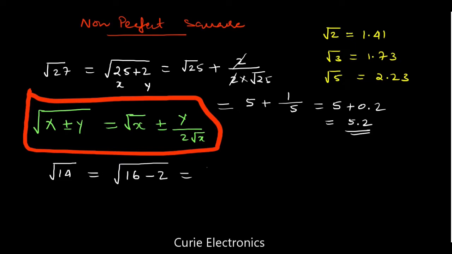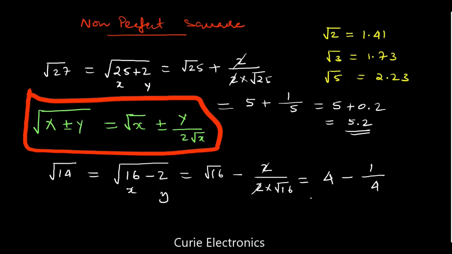Applying the equation, square root of 16 minus y upon 2 multiplied by square root of 16, which is 4 minus 2 upon 2 times 4, the 2s cancel, so 1 upon 4.